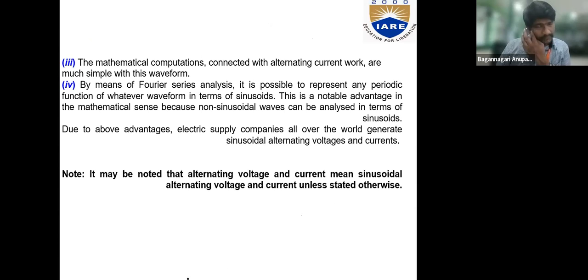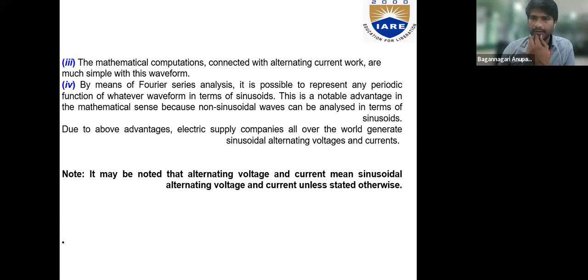It may be noted that alternating voltage and current always means sinusoidal alternating voltage and current unless stated otherwise. So if your problem mentions alternating voltage and current, by default we consider them to be sinusoidal unless mentioned. If you are given an alternating voltage with a peak magnitude of 230 volts and an angular velocity omega of 314, then you have to assume it to be a sinusoidal waveform.